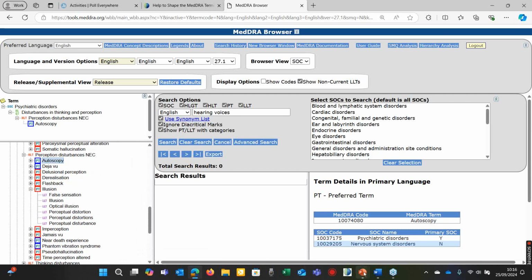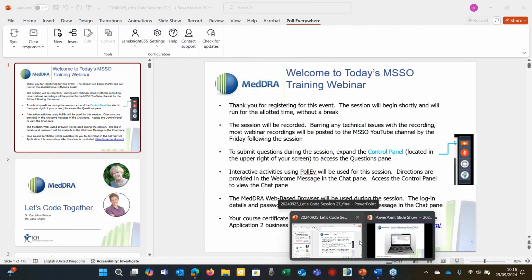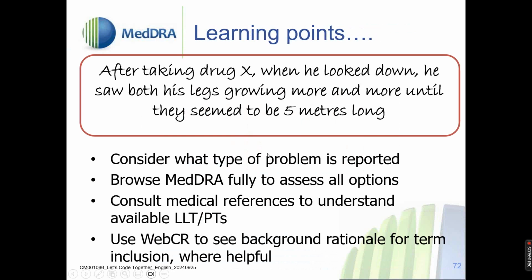So, let me go back to the slides. I haven't given you the answer yet. I'm a bit afraid of the controversy on this one. So just consider what type of problem is reported, browse MedDRA fully to assess all the options, and consult references as you saw us do. And you can see the rationale if you find terms in MedDRA that you're not sure what they mean.